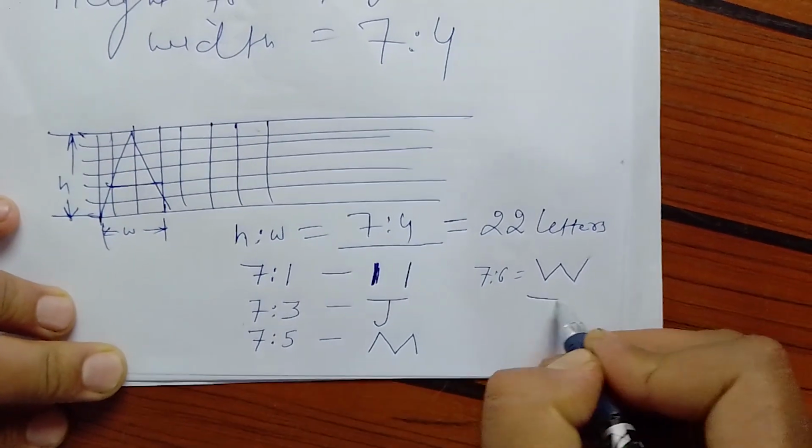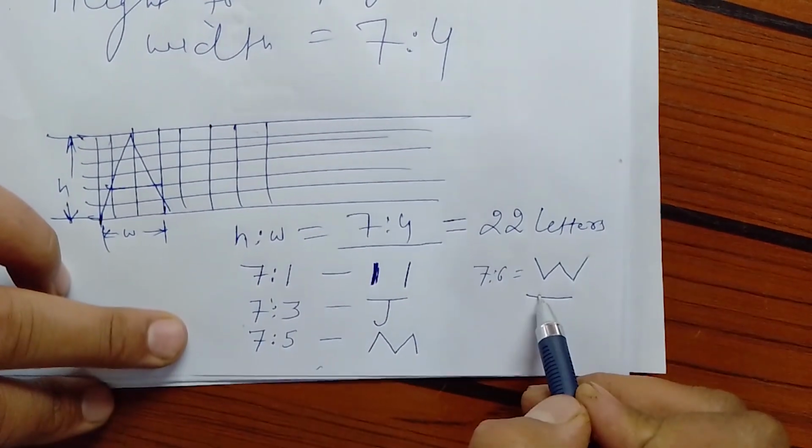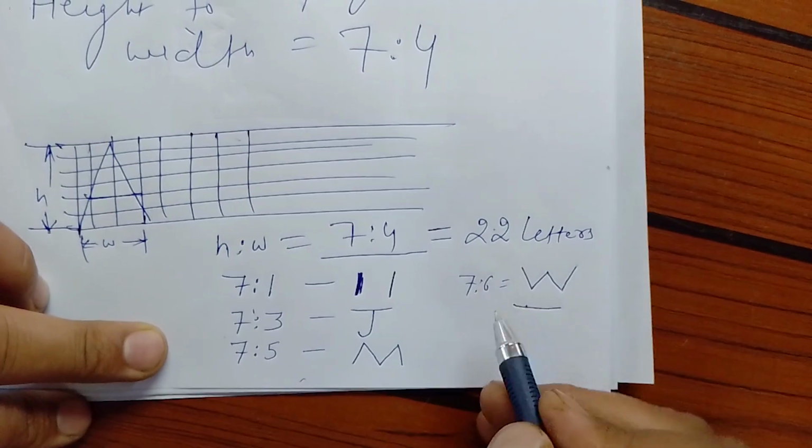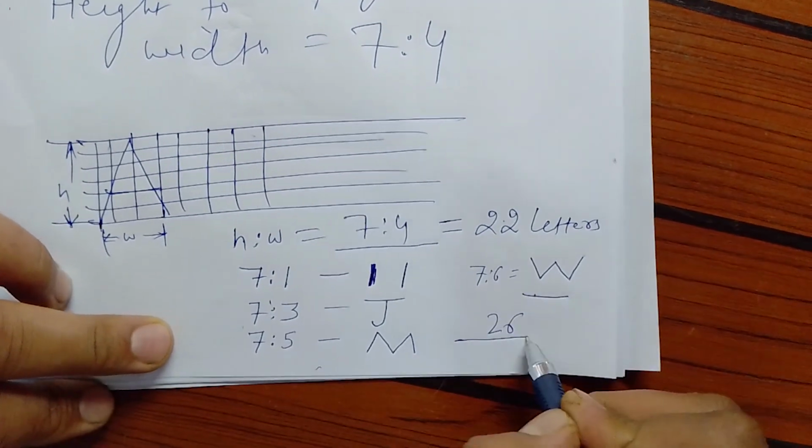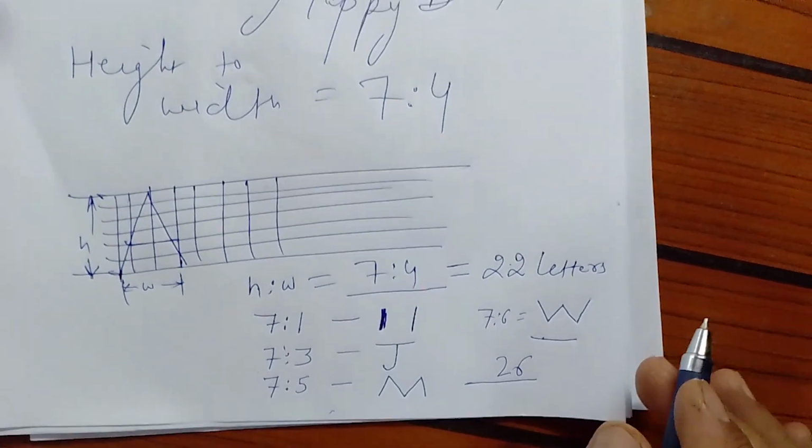These are the 4 exceptional cases, and 22 plus 4 is 26. So this is a little bit about letter writing.